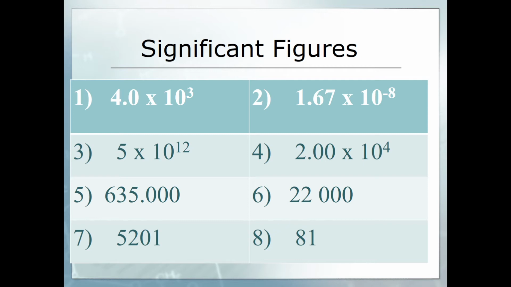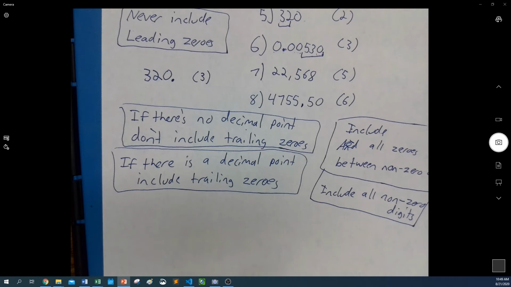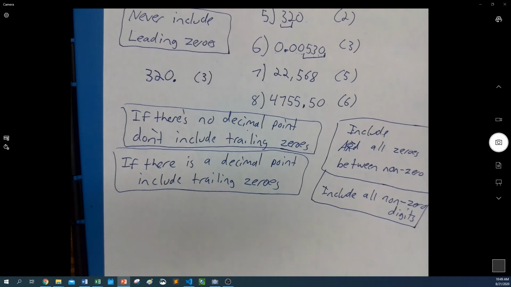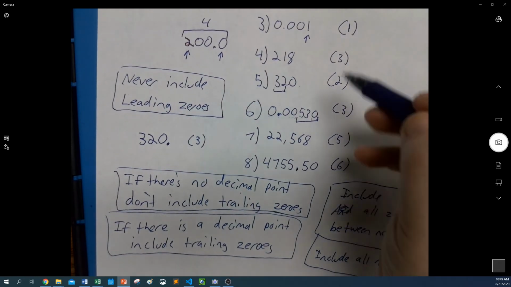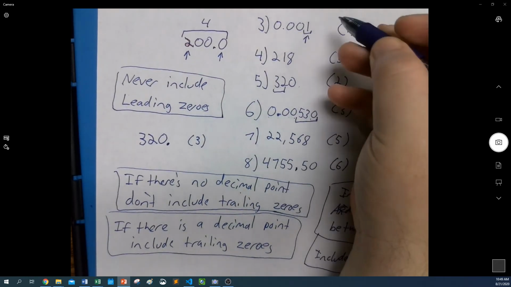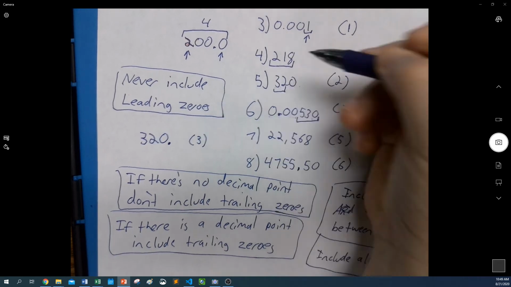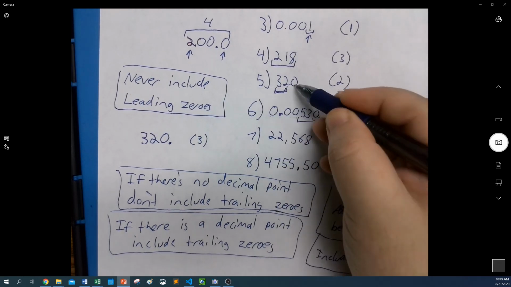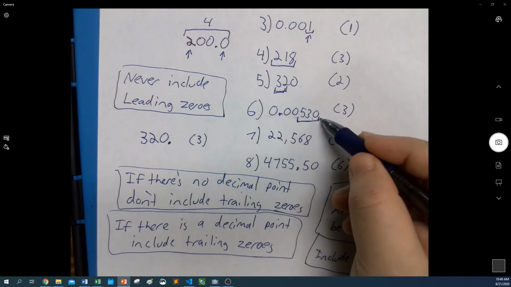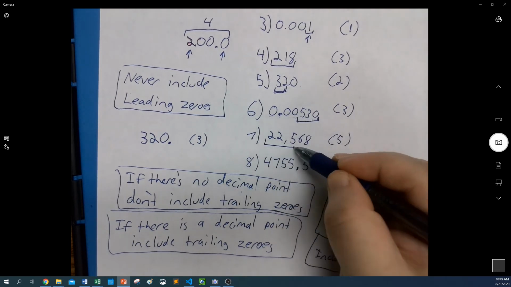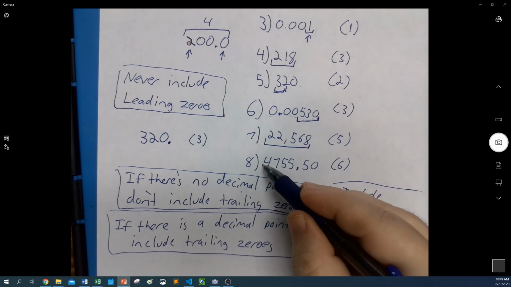So if the zero is in between two non-zeros, I like scanning it and looking at a range of values. So coming back to this, here there's no digits after. Here, no digits after. Here, there is no decimal point, so I don't include it. There is a decimal point, so I include the 0. You'll notice that all the significant digits are grouped together.